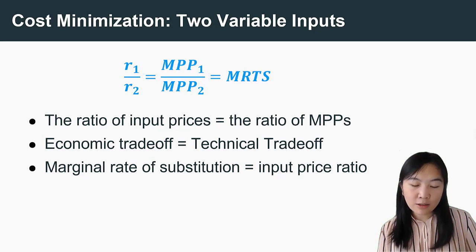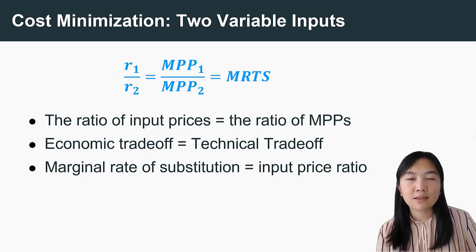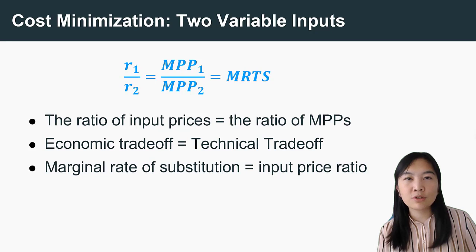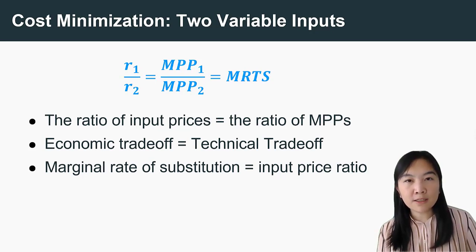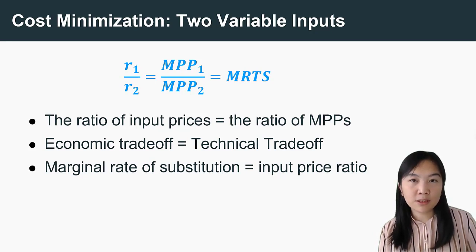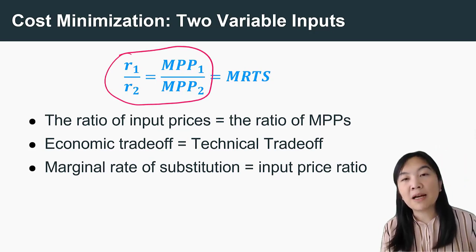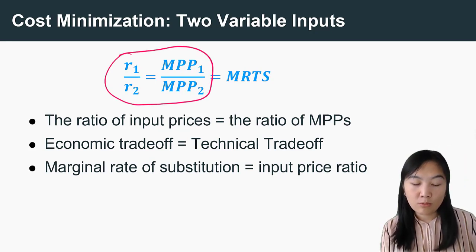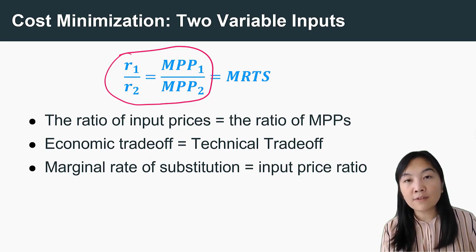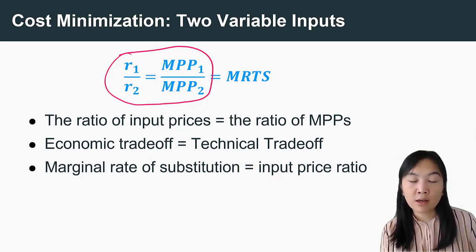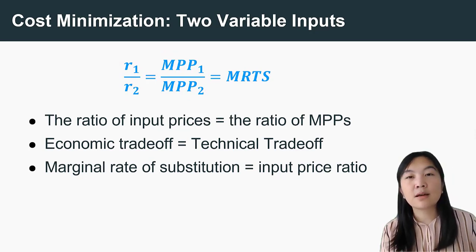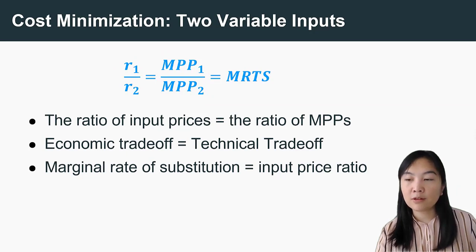Here I do want to emphasize again that for this course, you should assume that we're working with perfect competition in both factor and output markets. Then we have this optimality condition. When we have time, we might be able to get to the case where there's imperfect competition in those two markets.